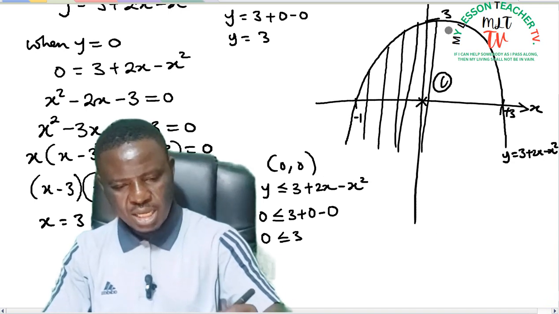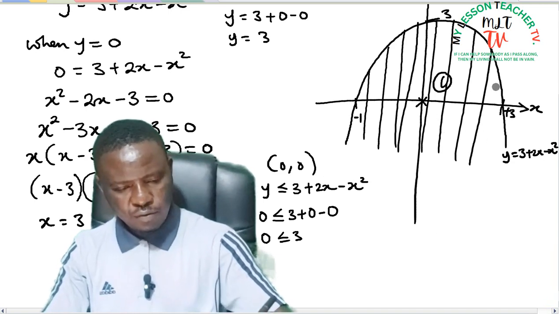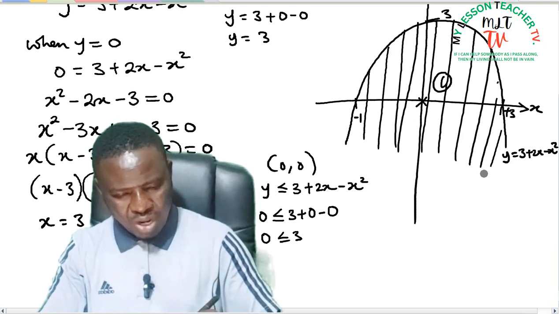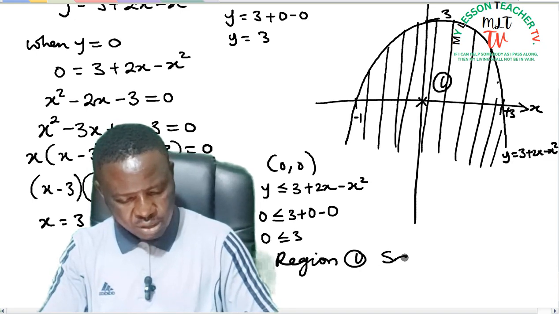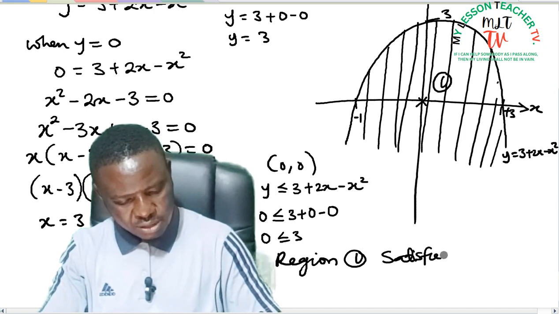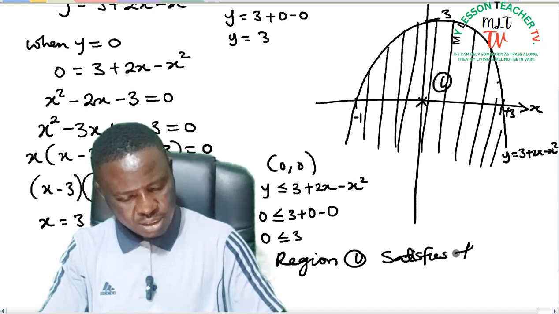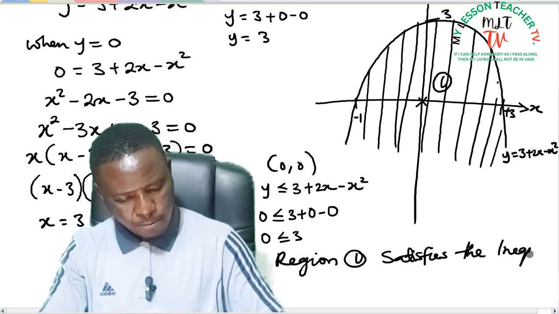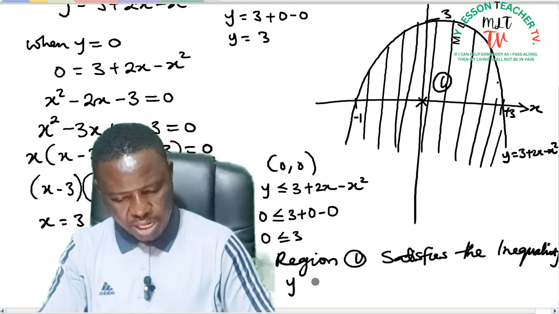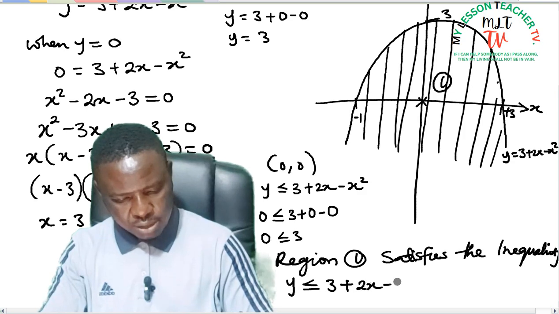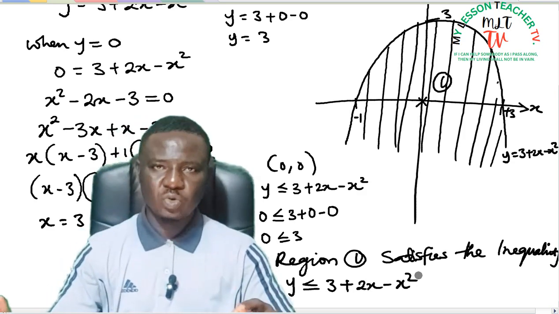So we then have to shade it as the solution of the inequality. So we have region 1 satisfies the inequality y is less than or equal to 3 plus 2x minus x squared.